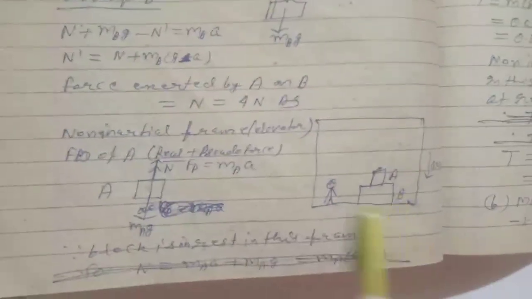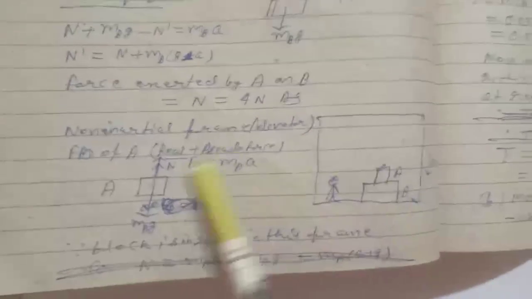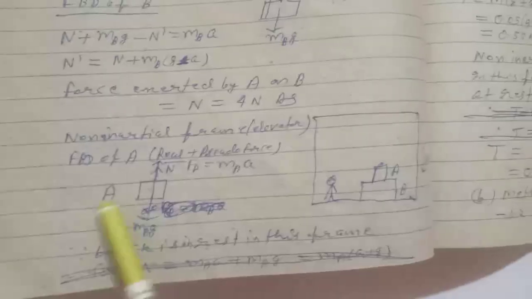We have to apply a force in the upward direction. So we are applying a force in the upward direction, that is the pseudo force. So the FBD of A first has to be real plus pseudo force.